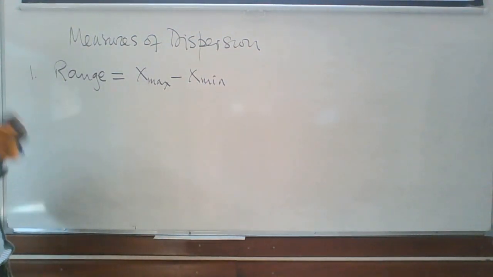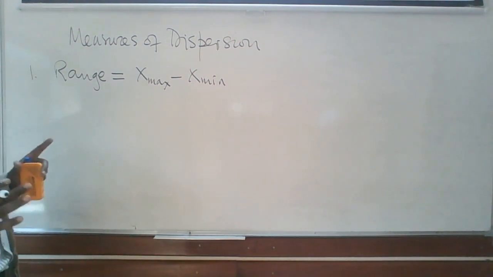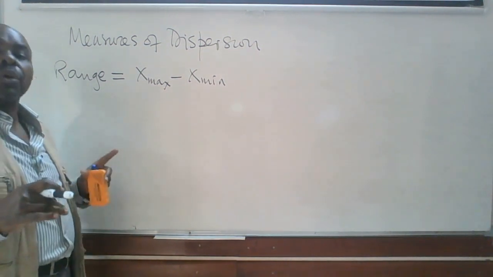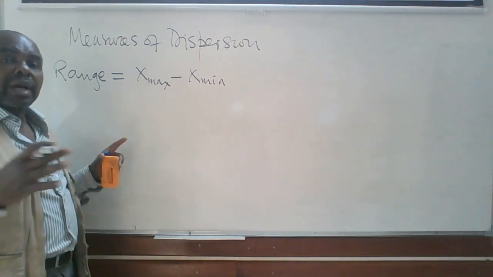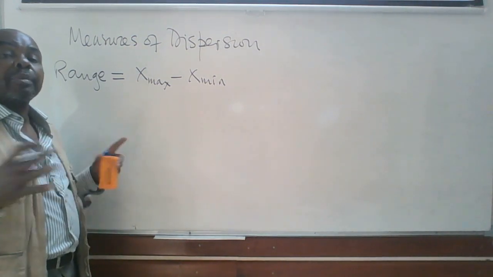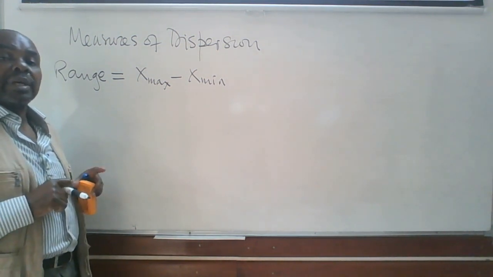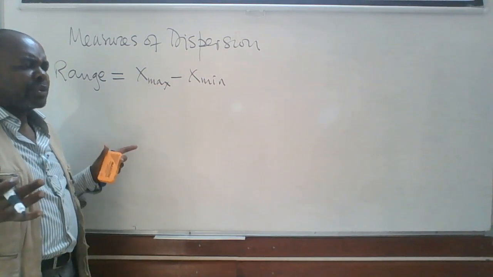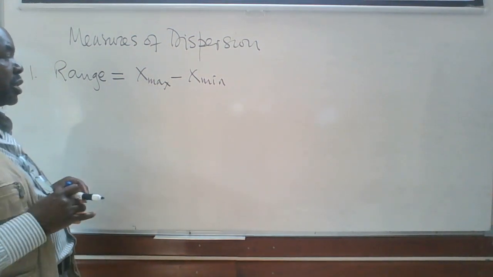So clearly the range gives us how data are spread between the minimum value in the data set and also the maximum value in the data set. So you're simply looking at how the data are spread from the smallest to the largest. So if this value is very big, it's not desirable. You want the spread to be small.